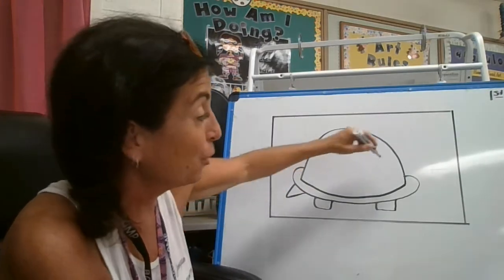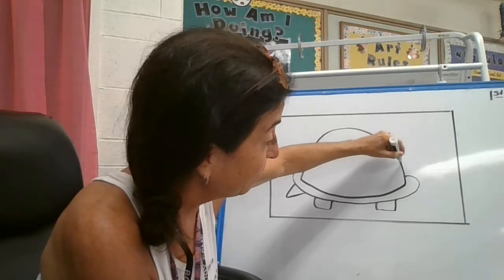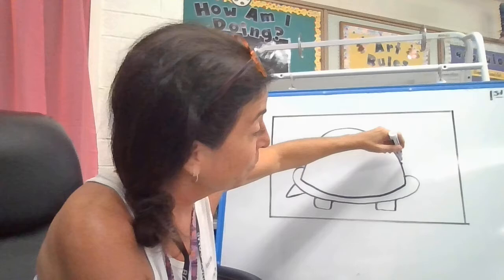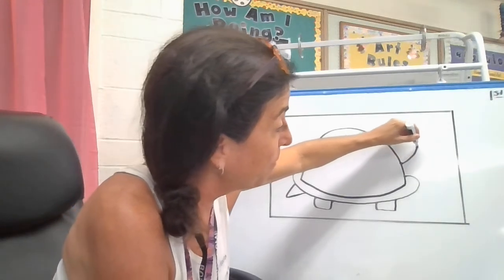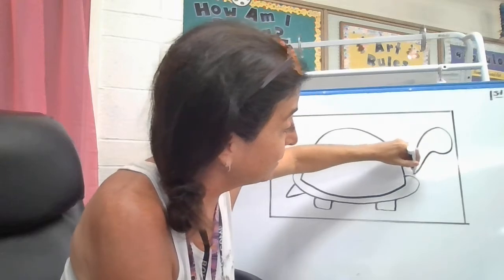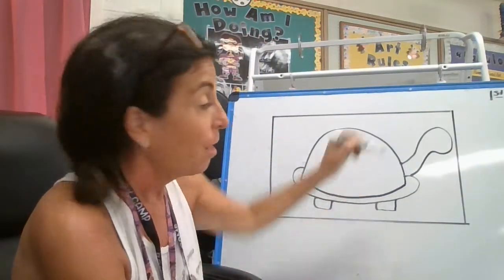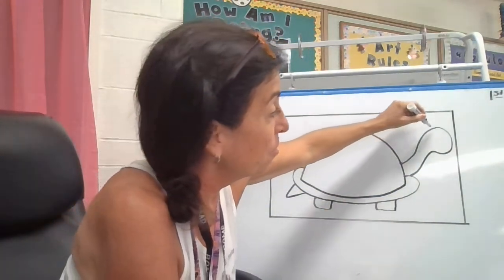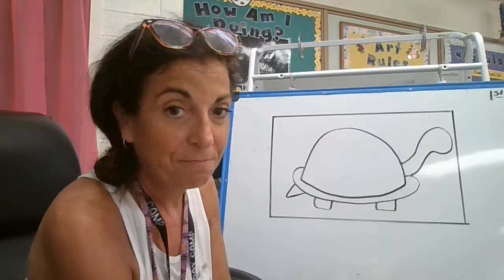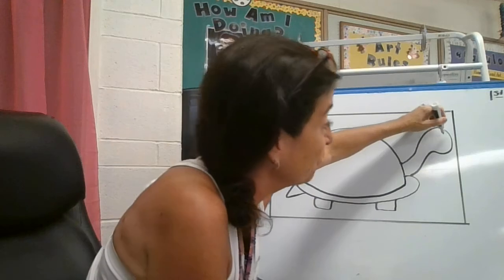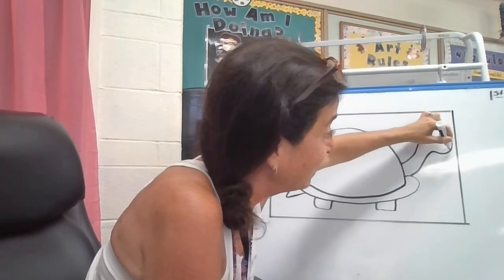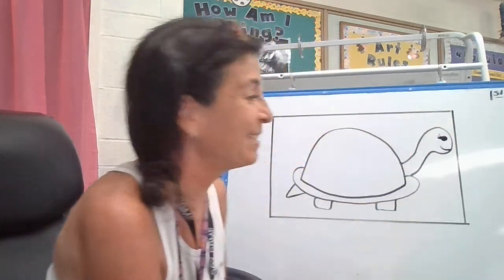And now we're going to make a curvy line coming out of here again, a little bit higher than the shell's rim. We're going to go up, curve around, come back down. Again, up, curve around, and back down. And then we for sure want to give our tortoise some eyes and a mouth.